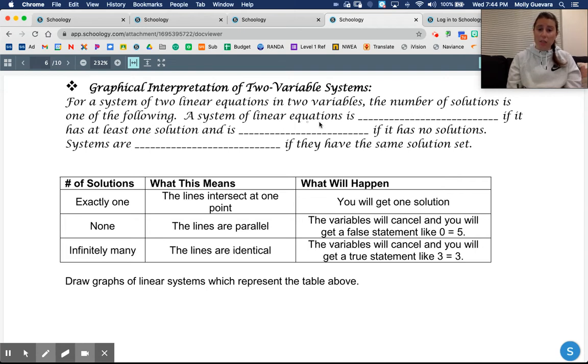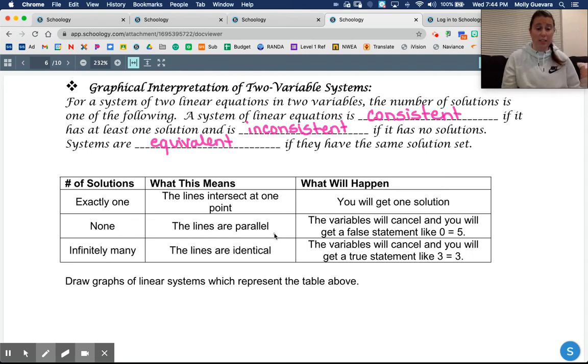A system of linear equations is consistent if it has at least one solution. Okay, so either infinitely many solutions or one solution. It's consistent. And it's inconsistent if it has no solution. Okay, systems are equivalent if they have the same solution.